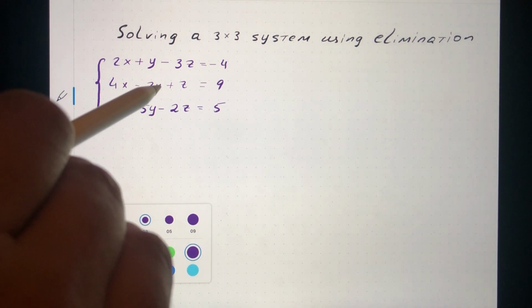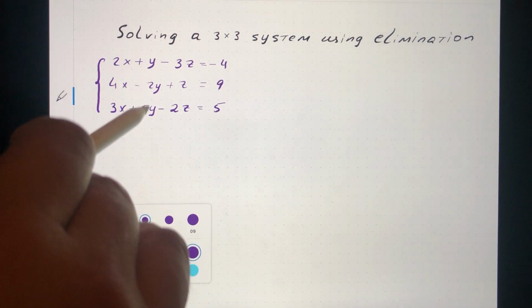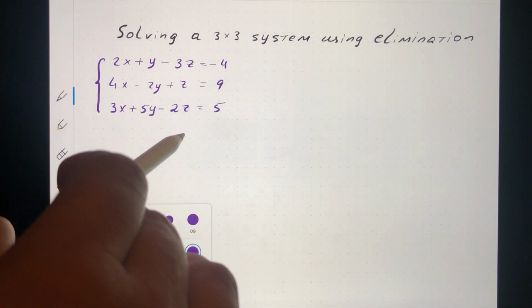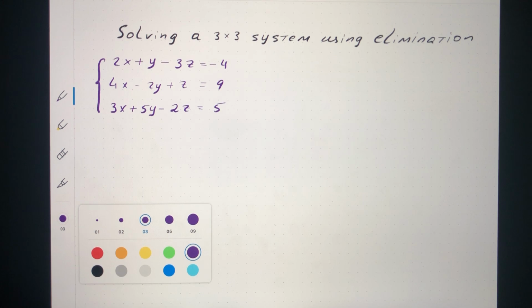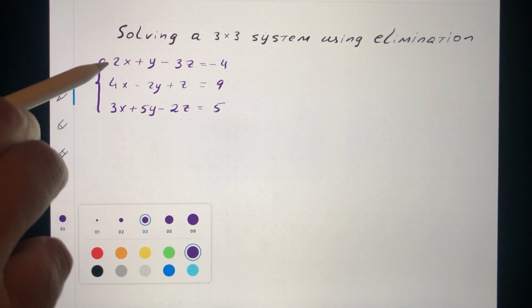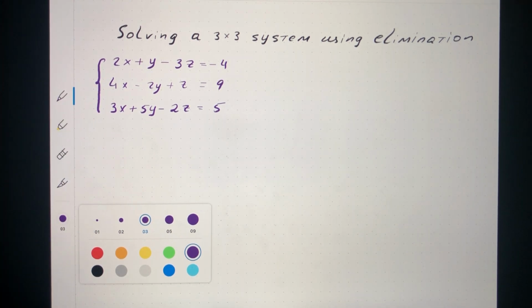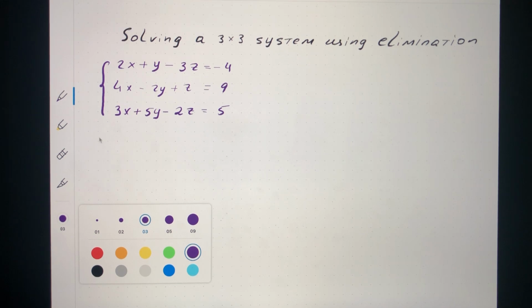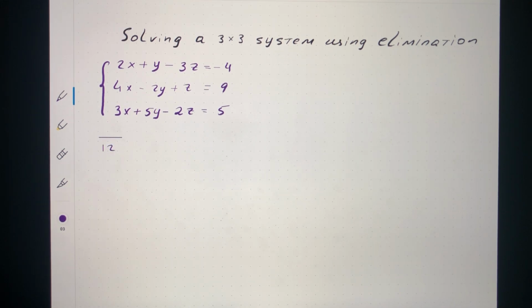And the letter with the least common denominator is the one that is easiest to cancel. So if we look at the common denominator between 2, 4, and 3, that answer would be 12. And between 1, -2, and 5, that would be 10. And between 3, 1, and -2, that would be 6.